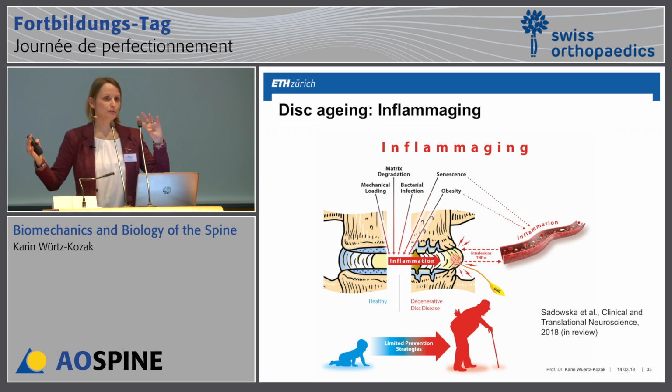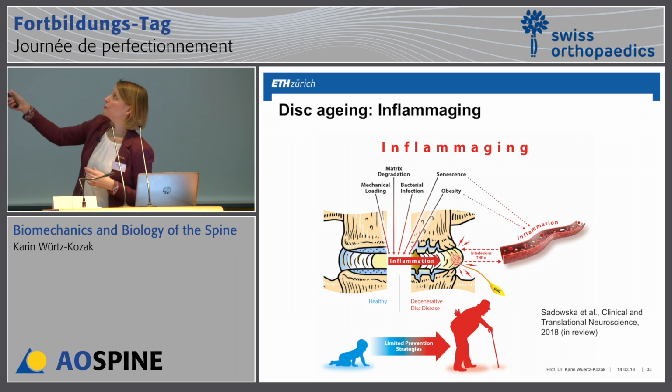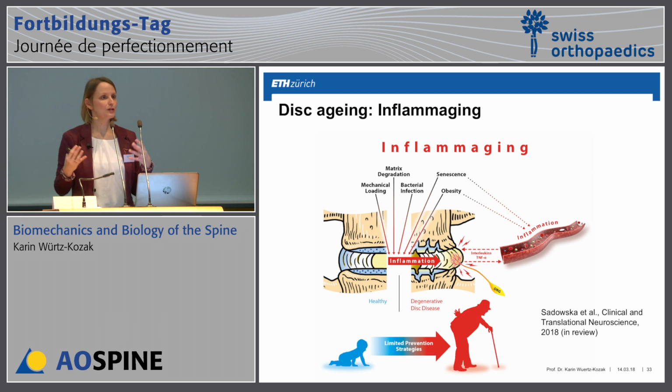You also have interaction between the local level and the systemic level. You have the different aspects that lead to degeneration, but also to more cytokine production. And the intervertebral disc is actually the prime example for inflammaging, because the degeneration is an age-related process, but in certain patients it is combined with inflammation and then leads to pain development.